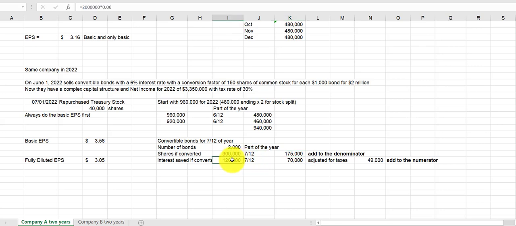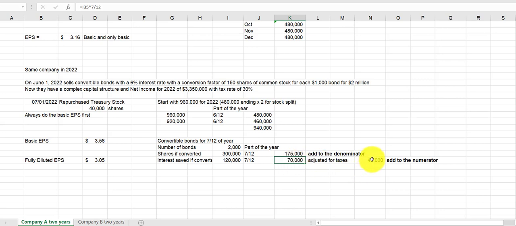But if we had converted the bonds, we would not have had to pay interest on them for 7/12 of the year. A whole year's worth of interest at 6% is $120,000, so $70,000 for 7 months. And with interest, we always need to remember to adjust for taxes.